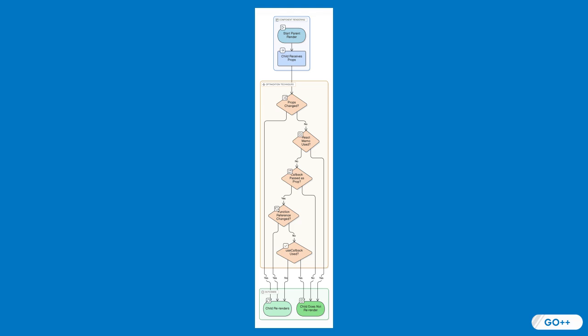React.memo is a higher order component that prevents re-renders if props haven't changed, acting like a filter that only lets through necessary updates. It performs a shallow comparison of props, which is efficient but requires caution with nested objects or arrays. On the other hand, useCallback is a hook that returns a memoized version of a callback function.